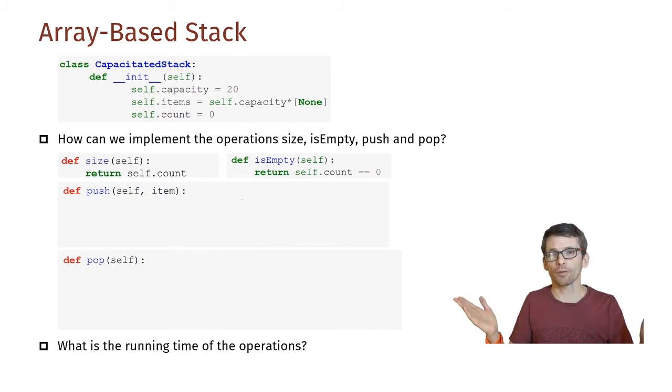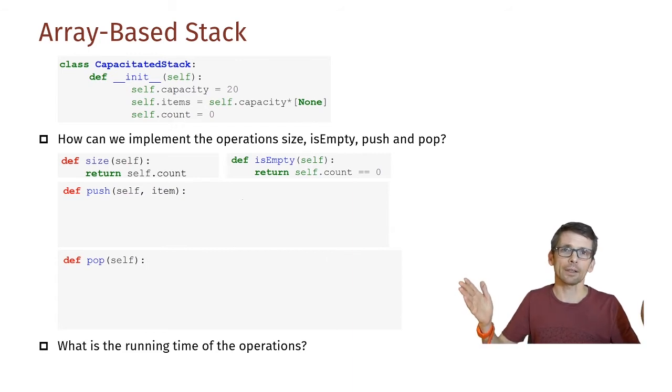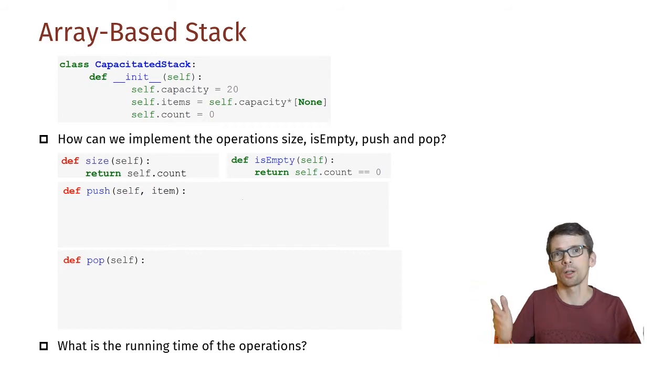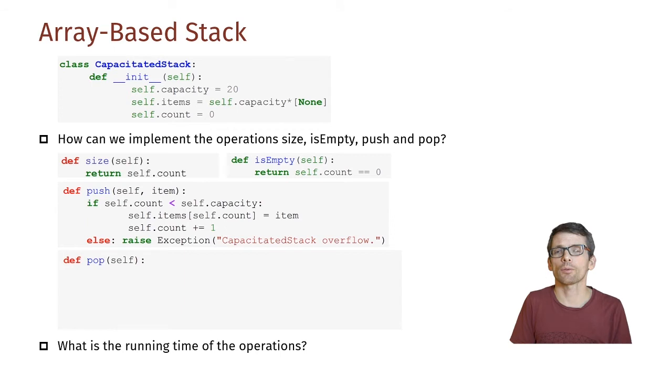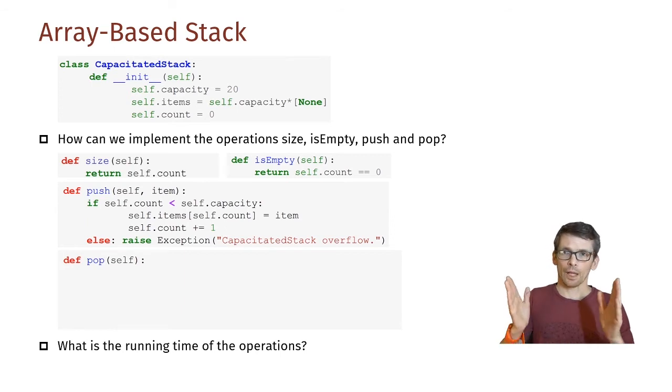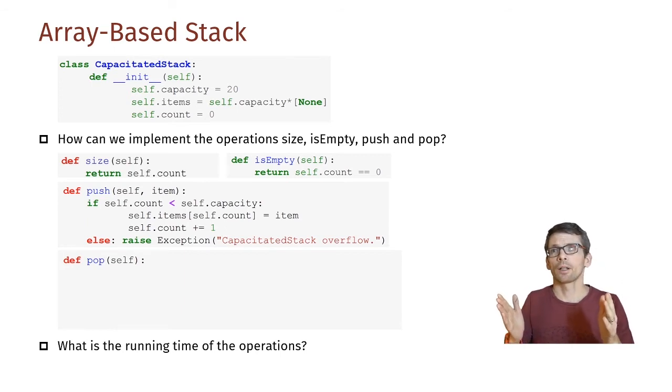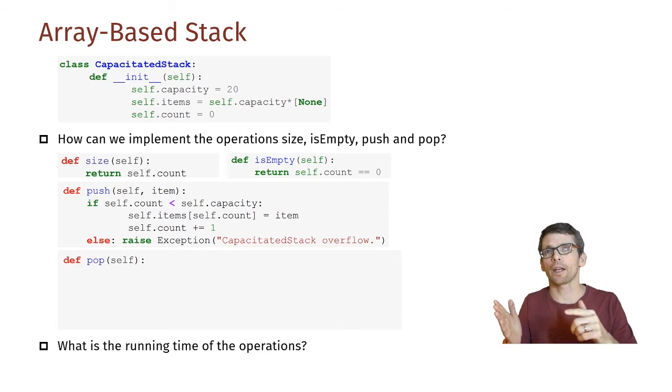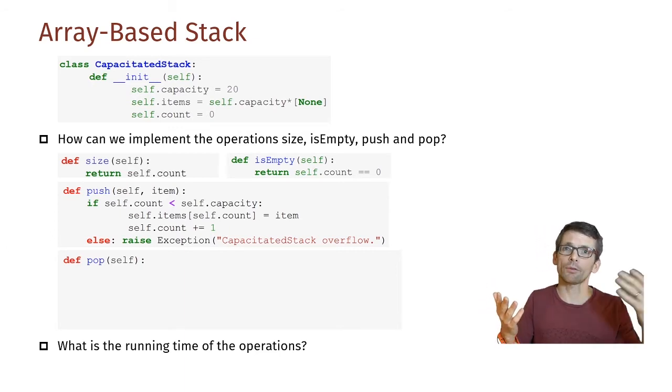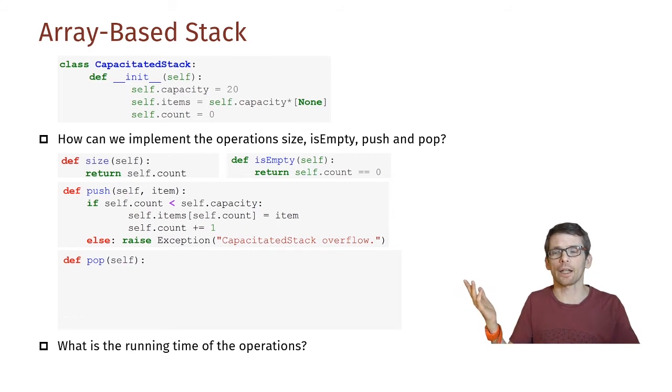I just have to be careful because at some point my array is full. In that case, I shouldn't be pushing anymore, but I should throw an exception. So that's what we do here. As long as there's still space, I can insert the element at the index which is currently my count, and I have to increase the count by 1 because I added an element.